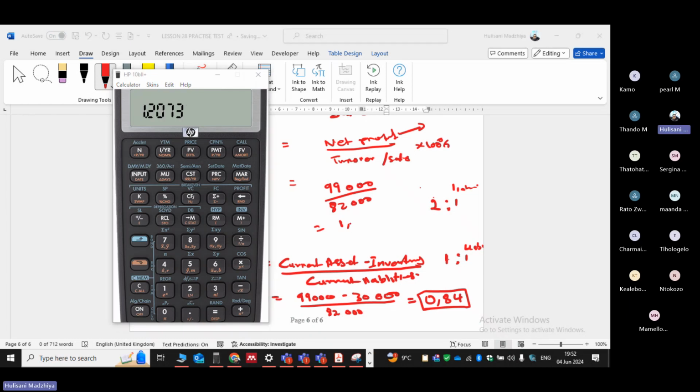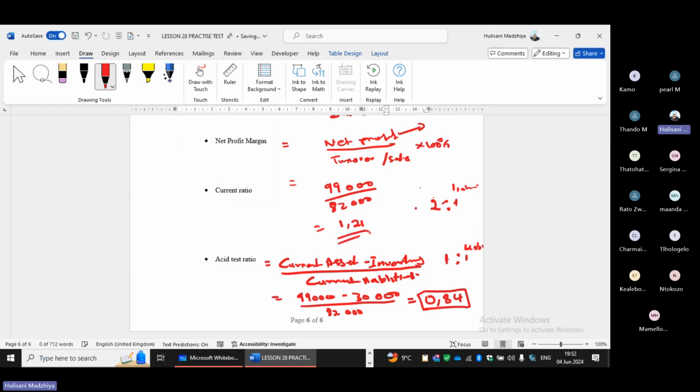So 1,21. So here you're going to have a ratio saying 1,21. These two ratios, they are measured in times to say how many times the current assets that we have can cover the current liabilities we have.